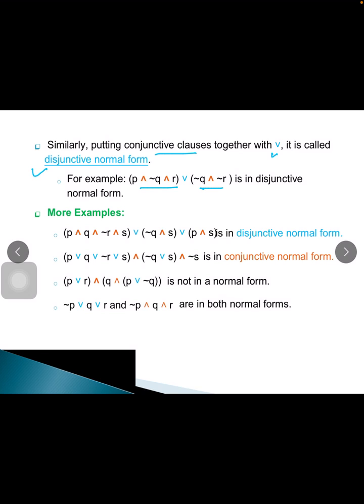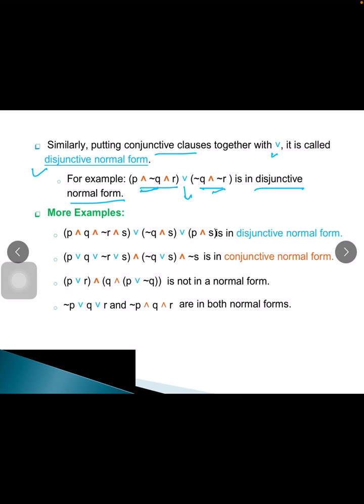Here all variables are connected with the conjunction in each clause, and these conjunctive clauses are connected with the disjunction, so this is called the disjunctive normal form.